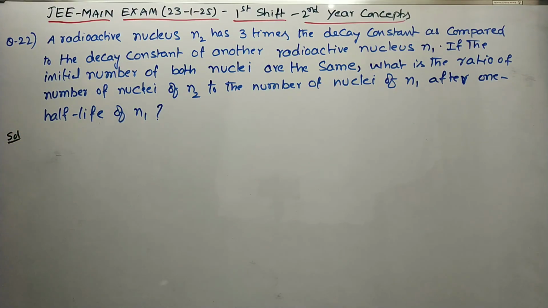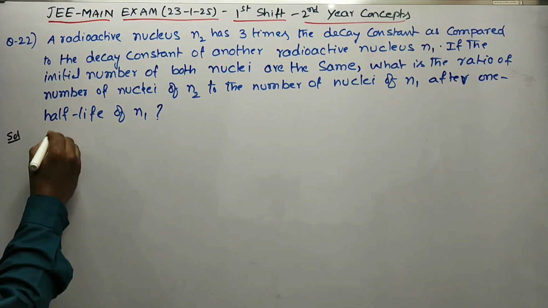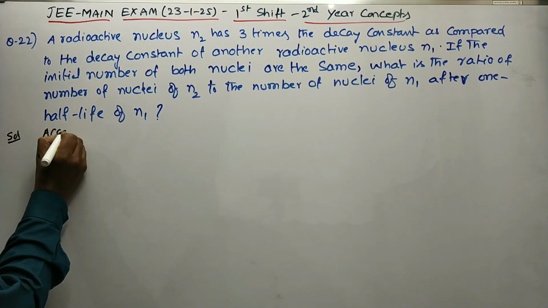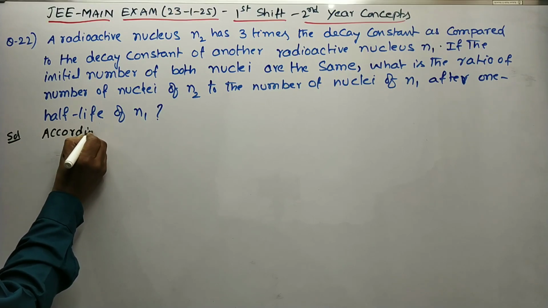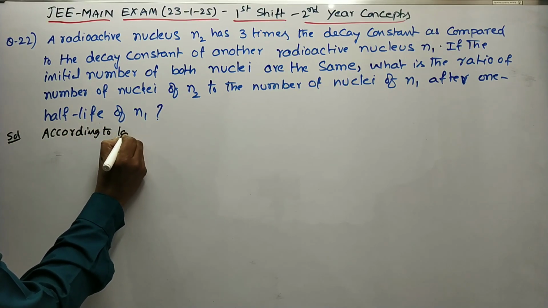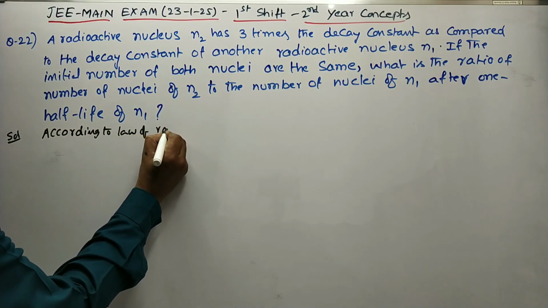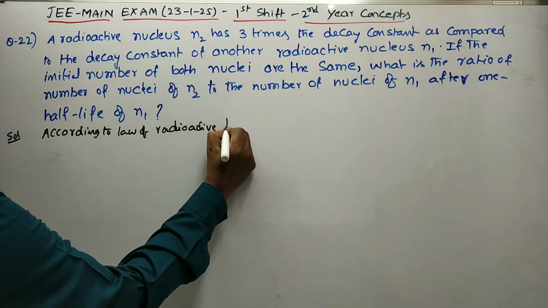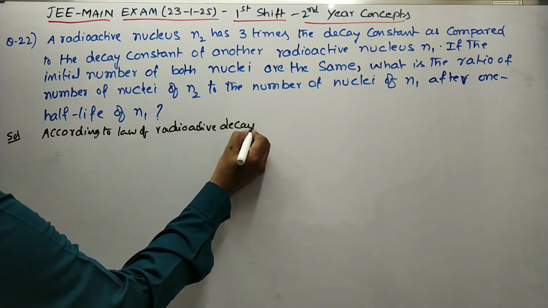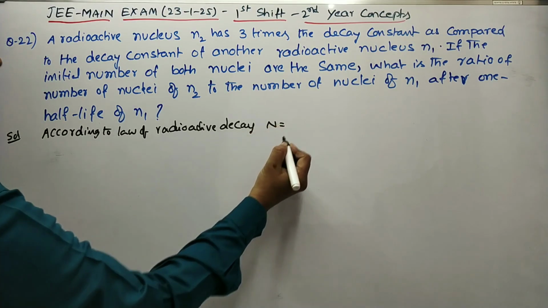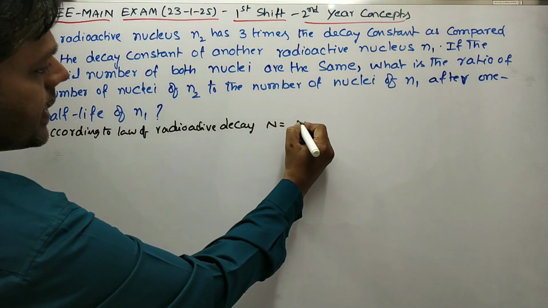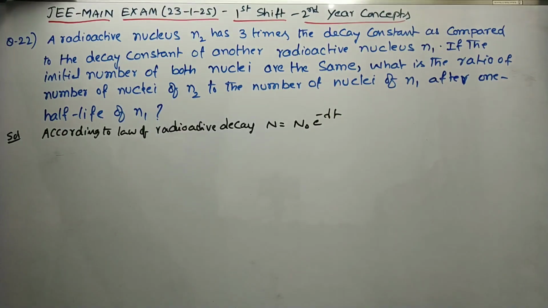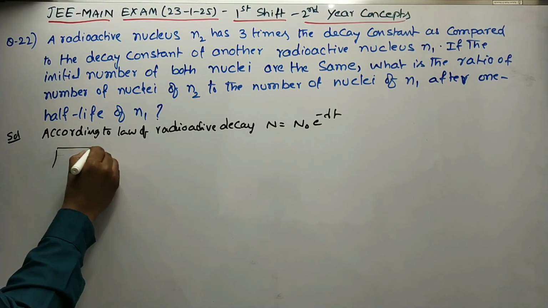All of you know, according to the law of radioactive decay, the number of nuclei present at any instant is N equals N0 into e power minus lambda t. Here there are 2 radioactive nuclei given.